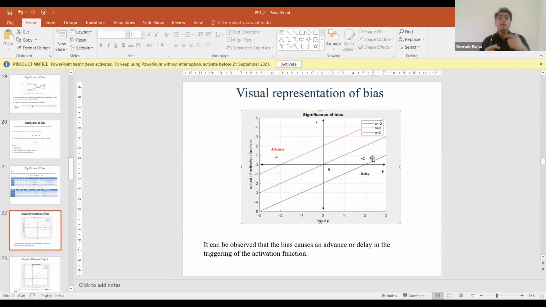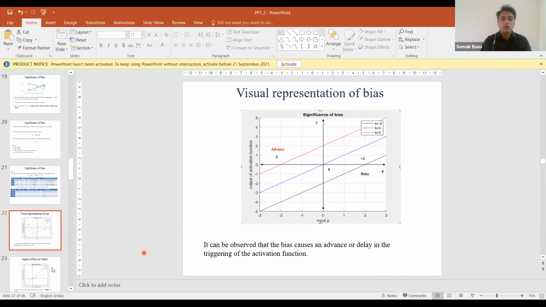So similarly, in the neural network or in case of a neuron, the bias decides when the decision will be taken. Will the decision be taken as soon as the inputs arrive, or will the decision be taken a little later? Will you advance the decision making process, or will you delay the decision making process? That is governed by the bias.